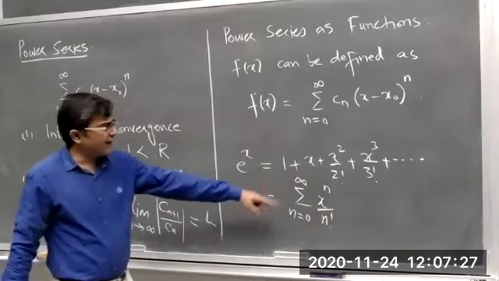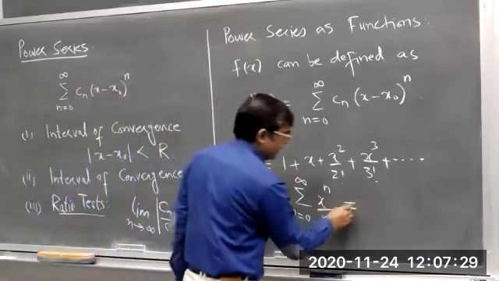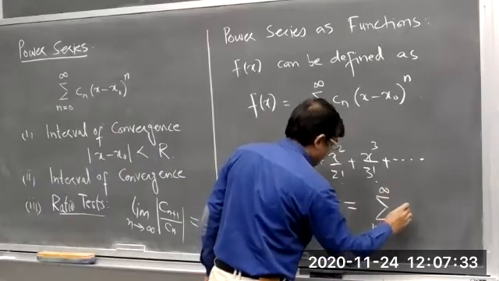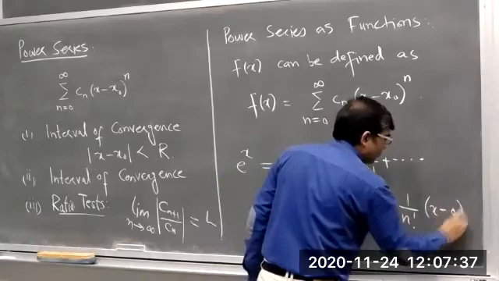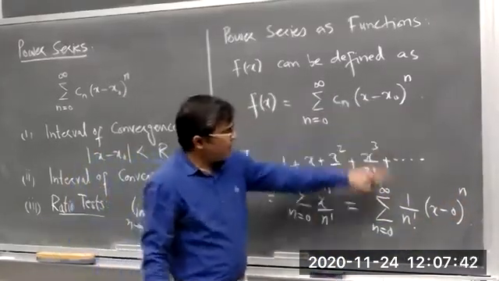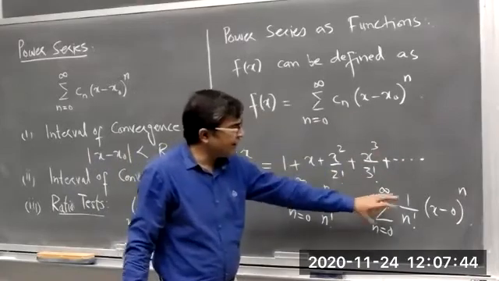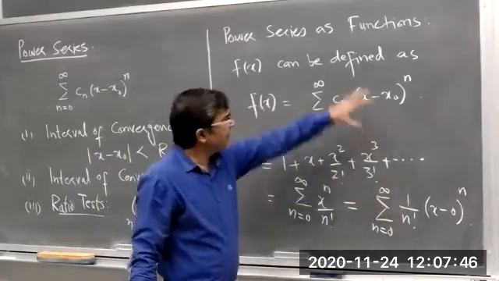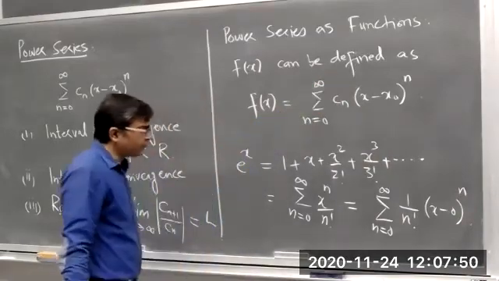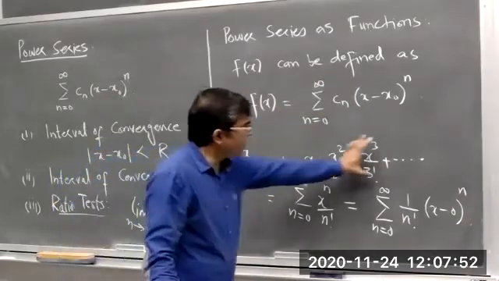So you can see that this is in fact a power series, n from 0 to infinity, 1 by n factorial and (x minus 0) whole raised to the power n. You can match these two series; this is exactly the type of power series. In fact, this is the Maclaurin series.